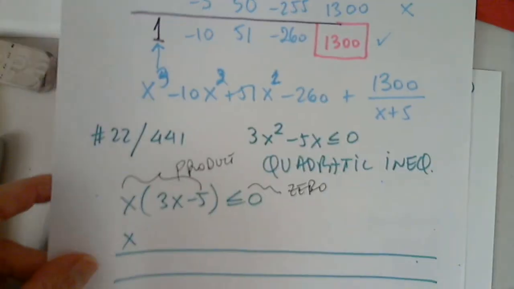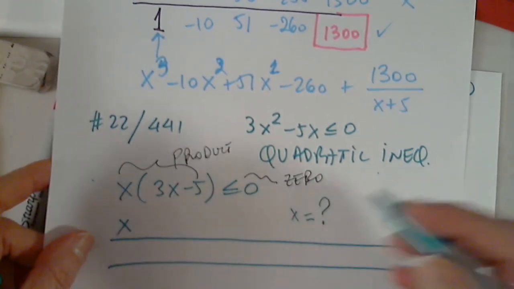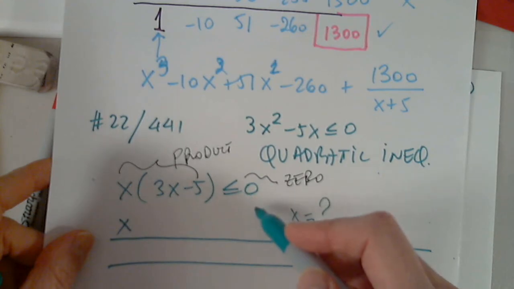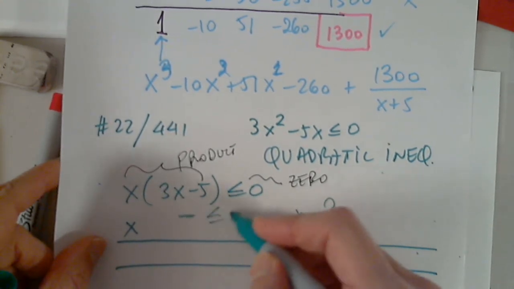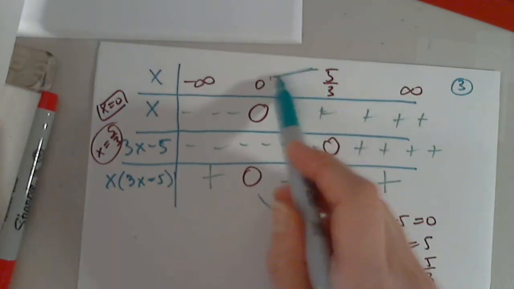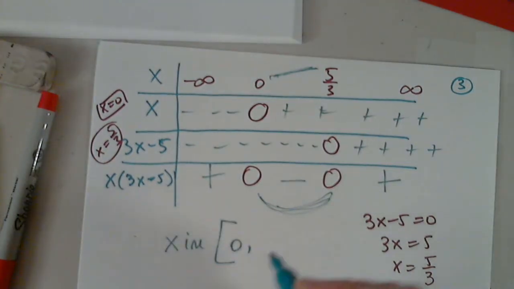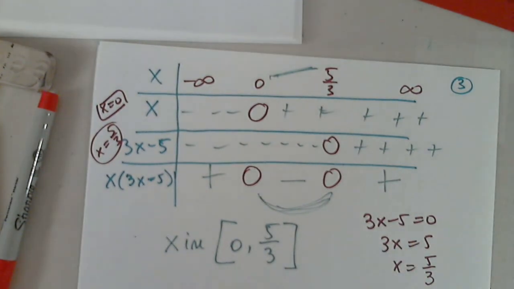So now, they want us to find whatever x that makes this expression less than 0, but only negative is less than 0. Is this product ever negative? Yes, it is. So for x between 0 and 5/3, x in the interval 0, 5/3. And that's how we solve a quadratic inequality. Any questions?